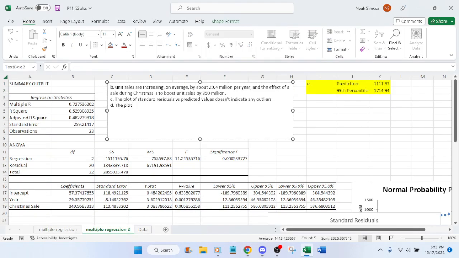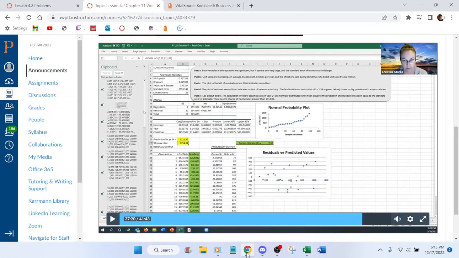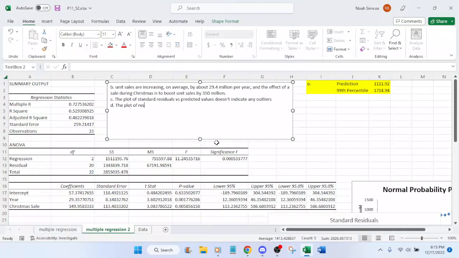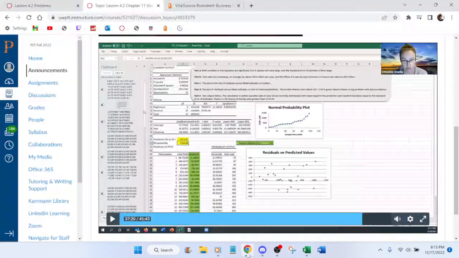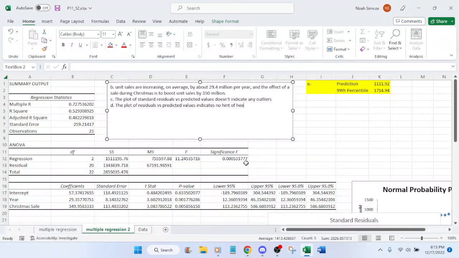The plot of residuals versus predicted values indicates no hint of heteroscedasticity.